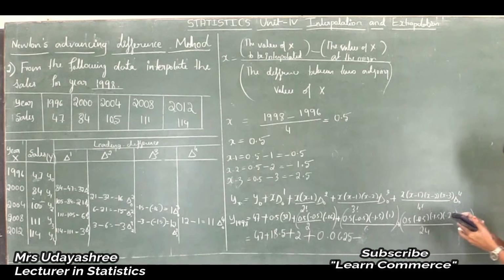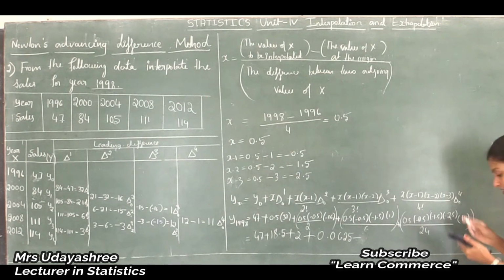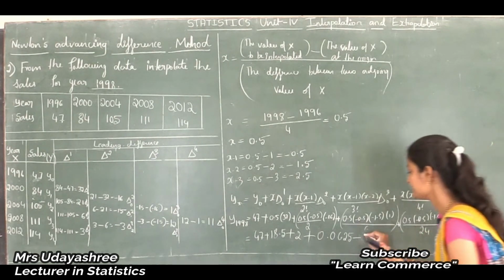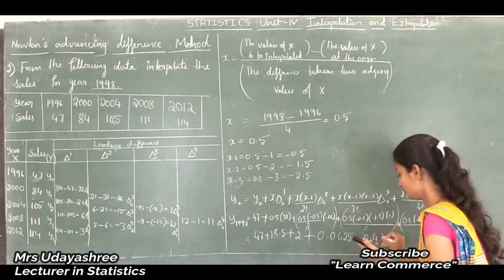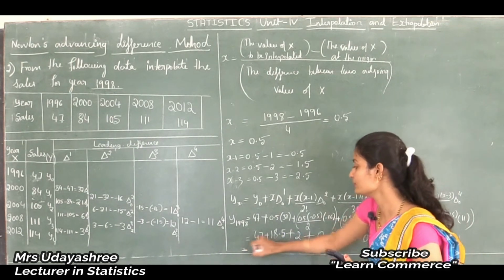The values are 0.5 into 0.5 into 1.5 into 2.5 into 11, that is 10.3125, divided by 24, that is 0.4296.